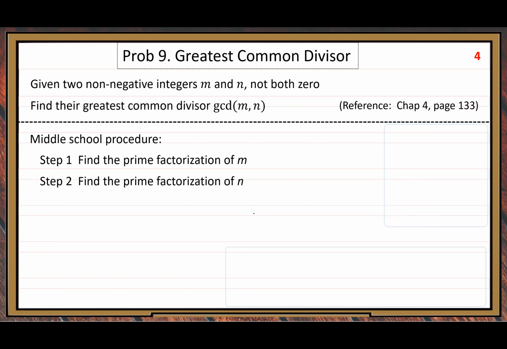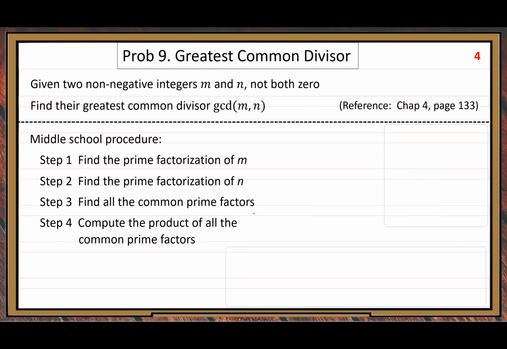After that, step 3, find all the common prime factors between m and n, by your eye observation. Then the last step, compute the product of all the common prime factors.